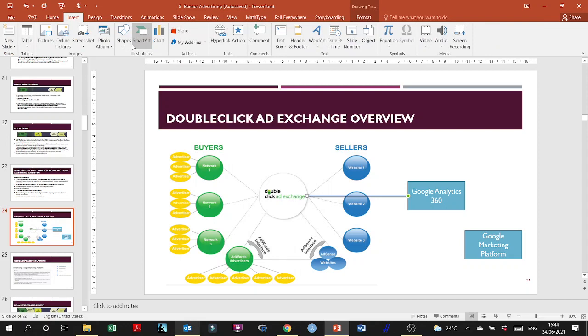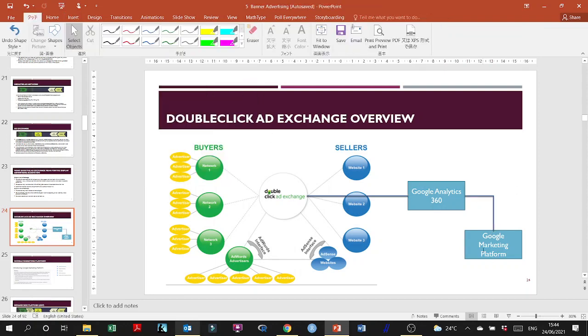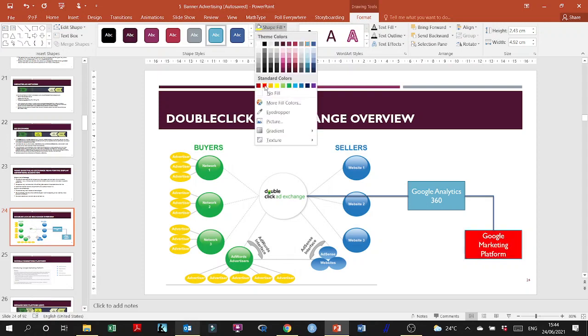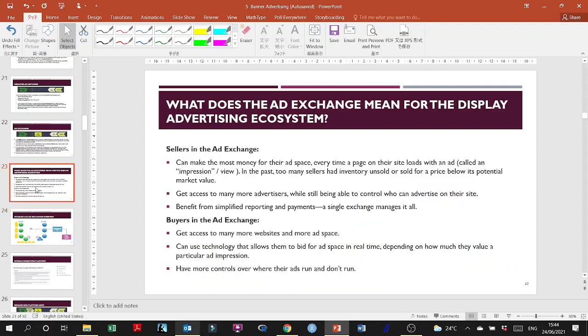Okay, insert. All right. Now, this way you won't forget that now this is called the Google Marketing Platform, joining forces together. All right.